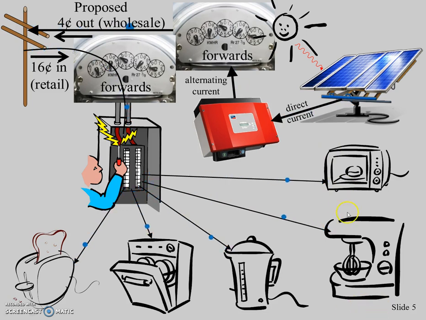It would be the same as if I just turned everything off in my house. So how is one house different from another house? If I have two houses side by side, one installs solar panels and one just shuts everything off in their house, they should be treated the same. Here, they're not. I would have to send all my power out at some cheap price and buy it all back at a higher price.